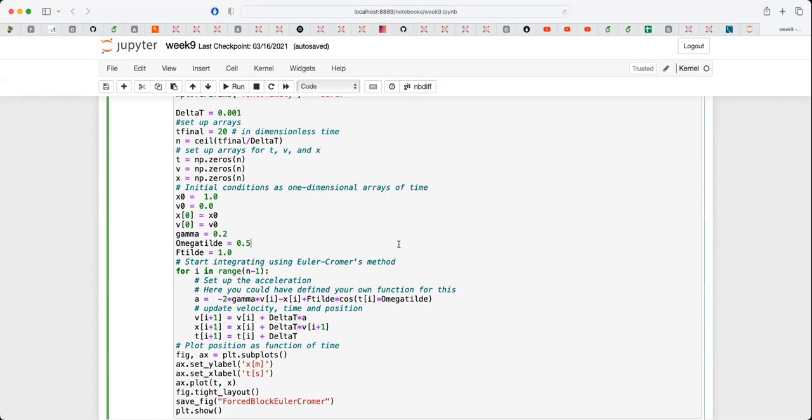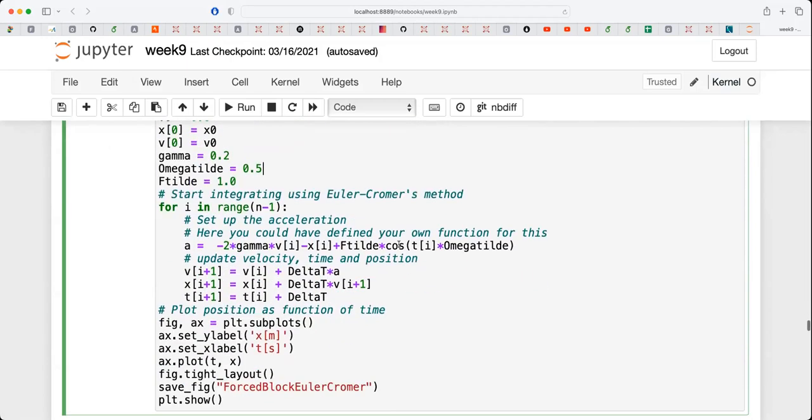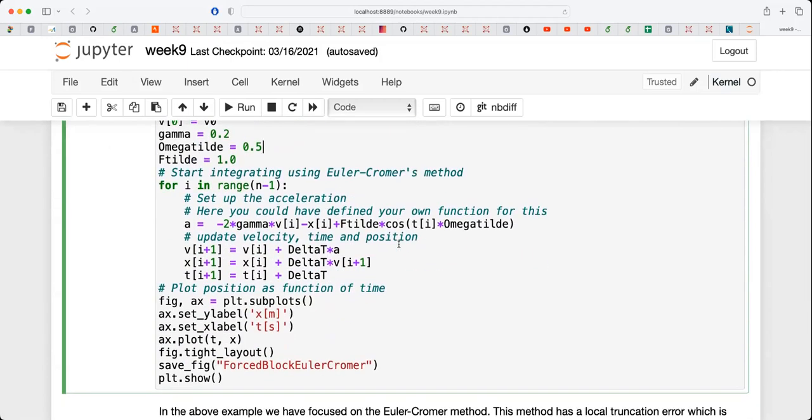If you look at the update of the position, the standard Euler's method would just plug in the velocity at time step i. If you now plug in the velocity at time step i+1, as we discussed last week, that's going to be an algorithm which conserves energy. And you will see that when you run the calculations.